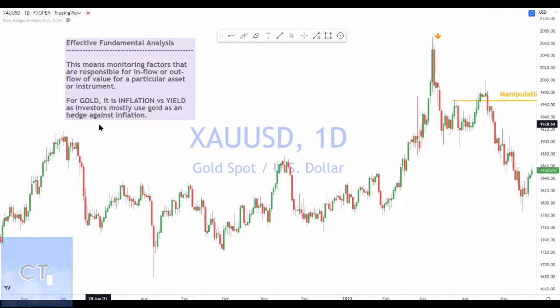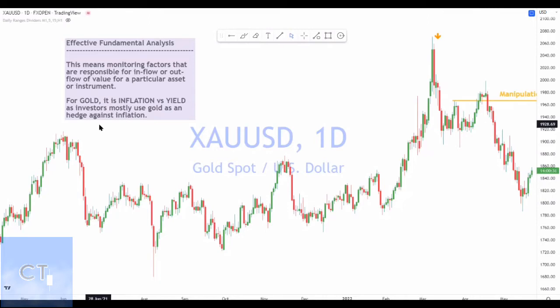So whenever we have rising inflation, then you would see gold becoming more attractive. But they don't simply just look at inflation, they look at inflation versus yield, because gold on its own does not produce any yield, and investors want yield.